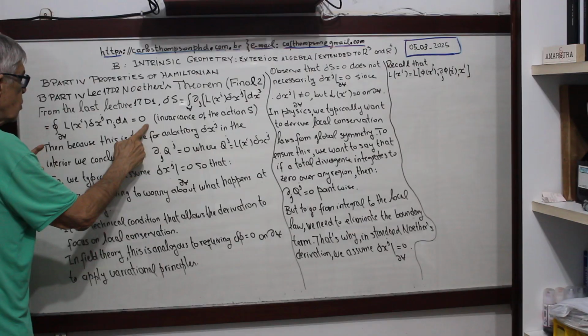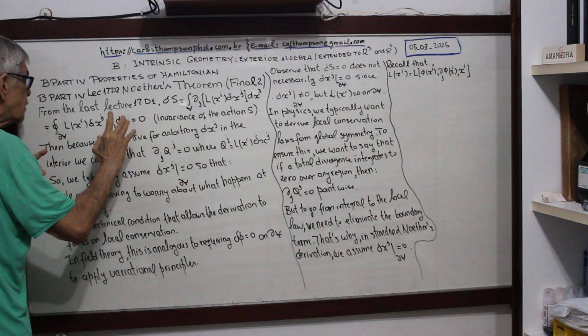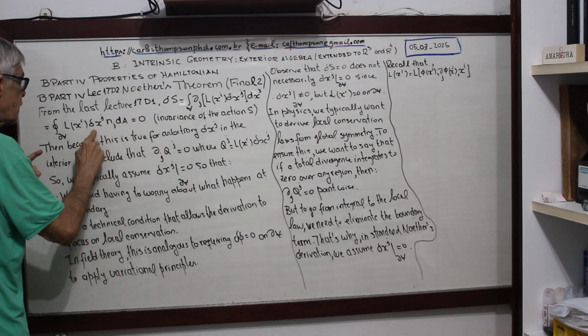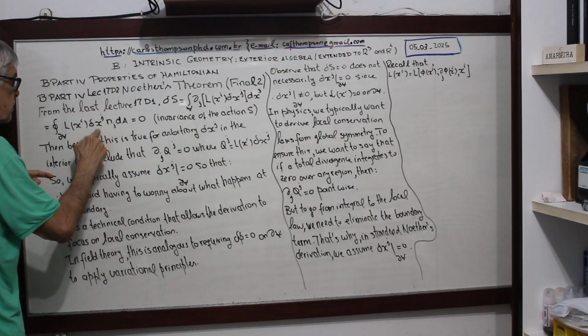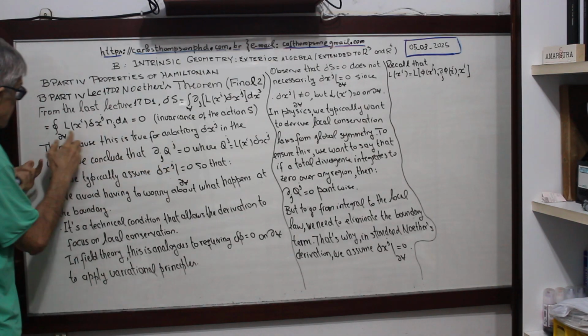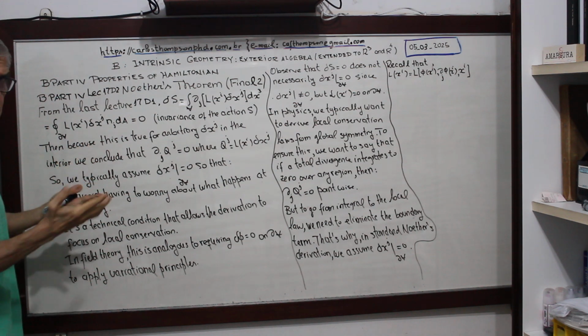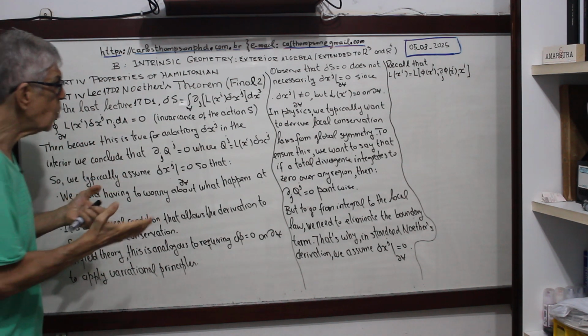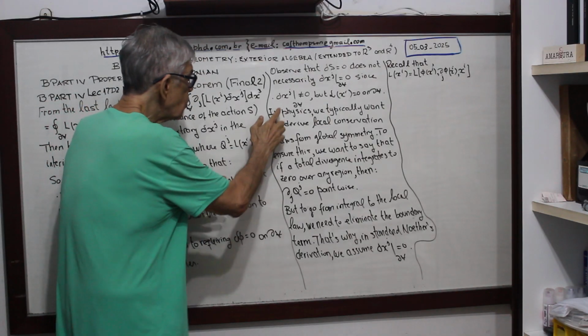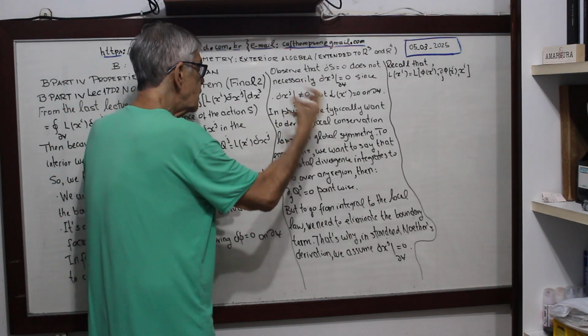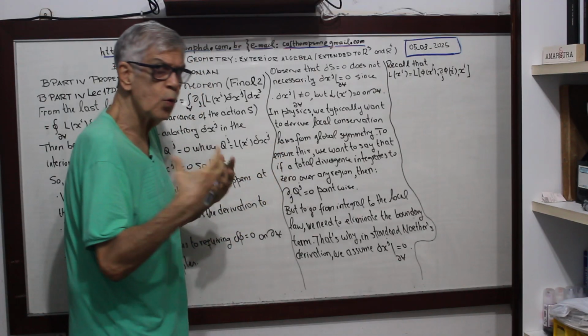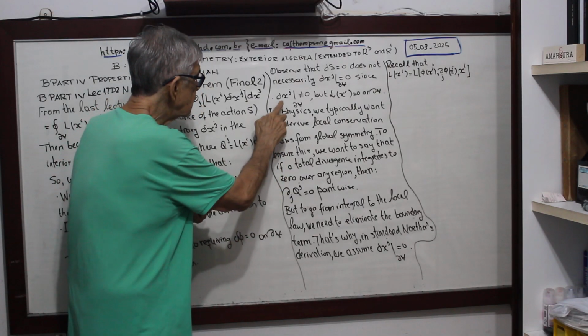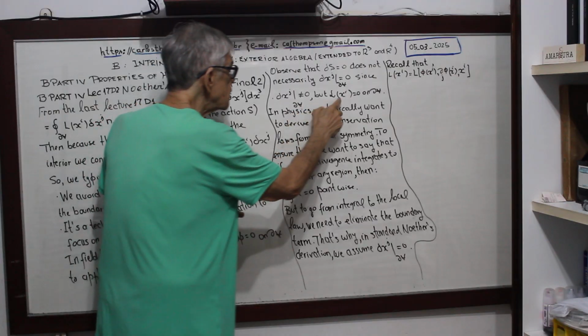This is equal 0, but it does not imply necessarily that delta xj on the boundary be 0, because Lξ could be 0. Is that clear? That's what I wrote here. I can have the situation in which this is different from 0, but this is 0.